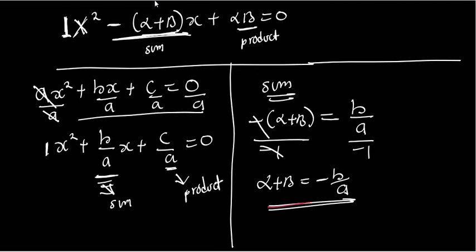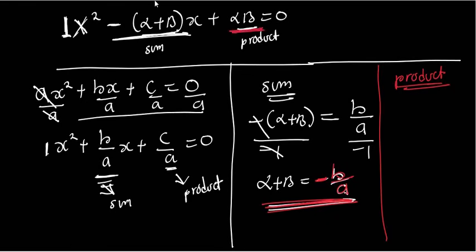So this is what we call the sum. This means that when alpha and beta are adding, that's the sum, right? Which is equal to negative b over a. Okay, now let's go to what we call the product.